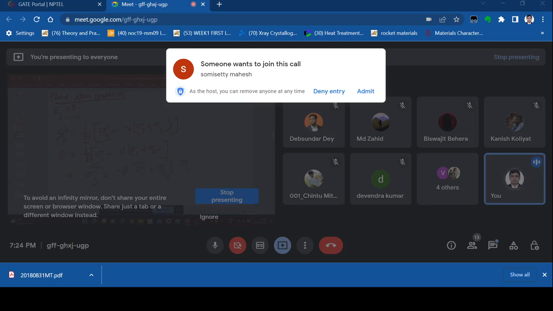This is a very important condition for plane strain condition. Two stresses are given. If that is given, to calculate the third stress, it is the Poisson's ratio times sigma 1 plus sigma 2. It's a very important relation.